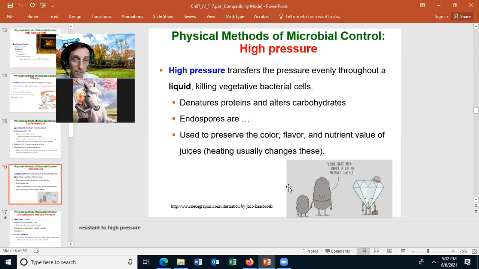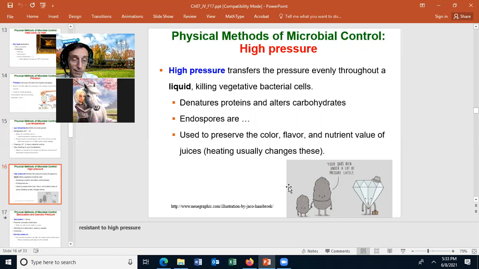Most endospores are resistant to high pressure, but the high pressure does denature proteins and alter carbohydrates, which kills vegetative bacterial cells. We use high pressure to preserve the color, the flavor, and the nutritional value of things like juices, where heating would usually change the taste.